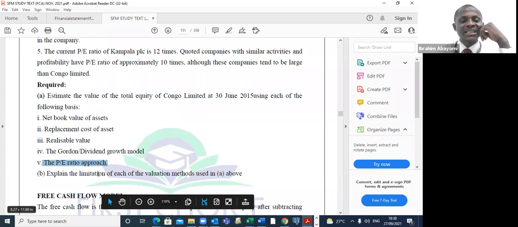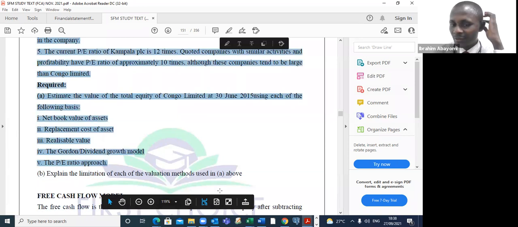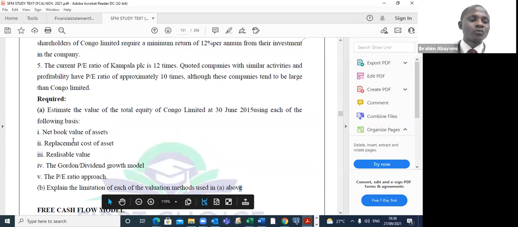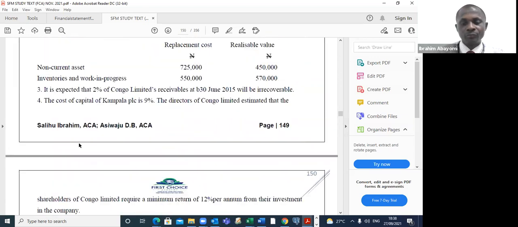And B, explain the limitation of each valuation method. I'm not going to touch that because I've already explained it; just look at the notes for the limitations of each approach. So let us go and read the question, then we solve.